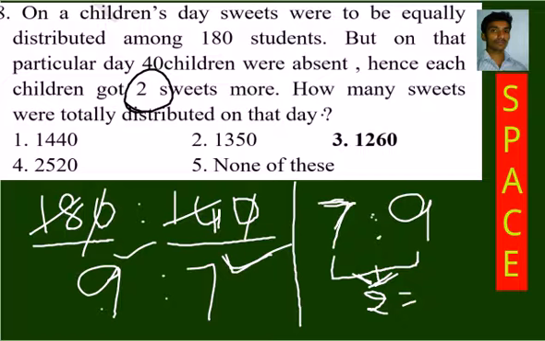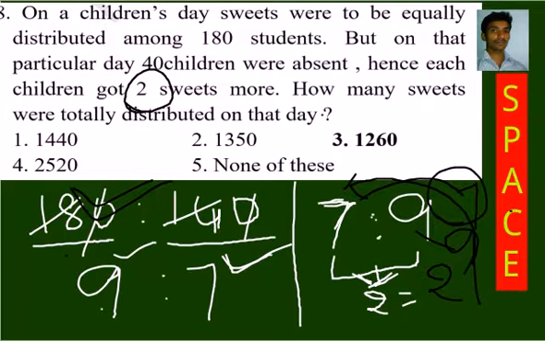So 2 ratio points equal 2 sweets. Hence 7 ratio points equal 7 sweets, and 9 ratio points equal 9 sweets. So in the first case, if all 180 students were present, each one will get 7 sweets.